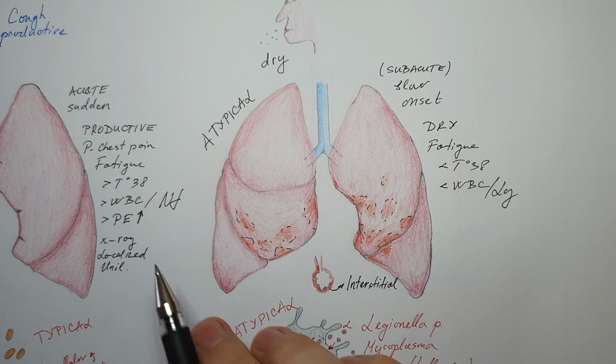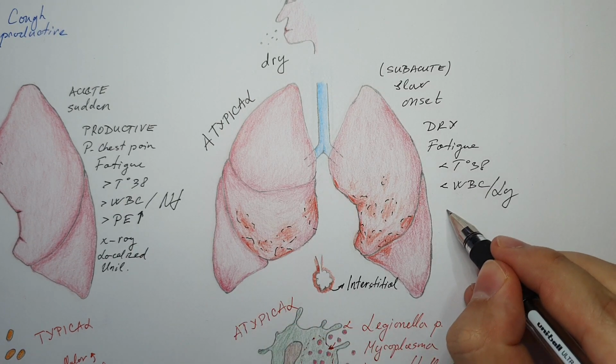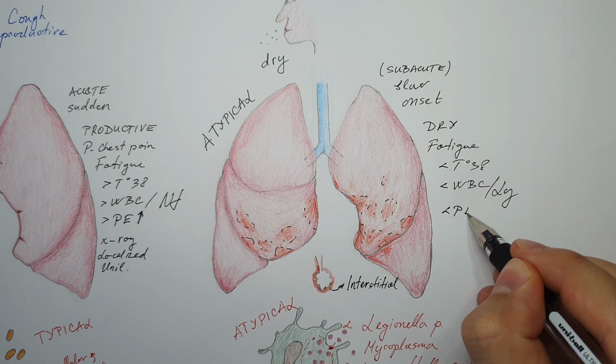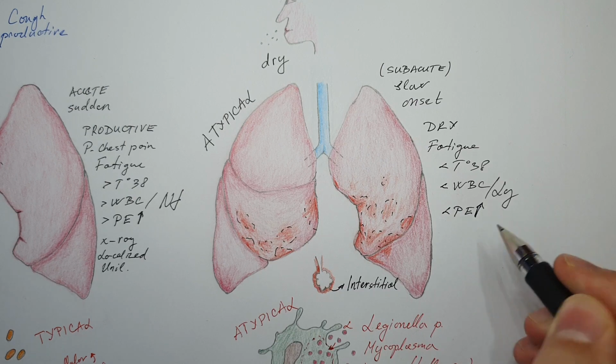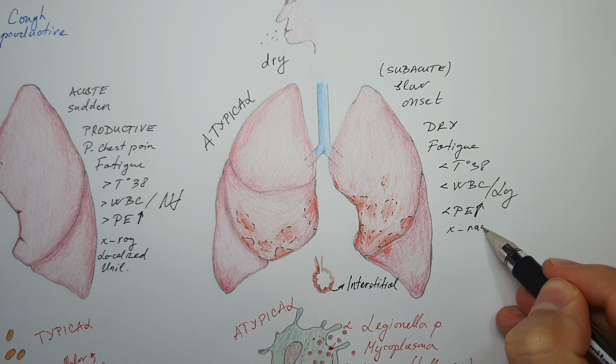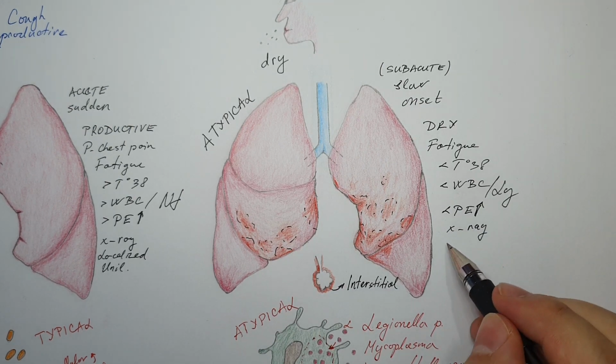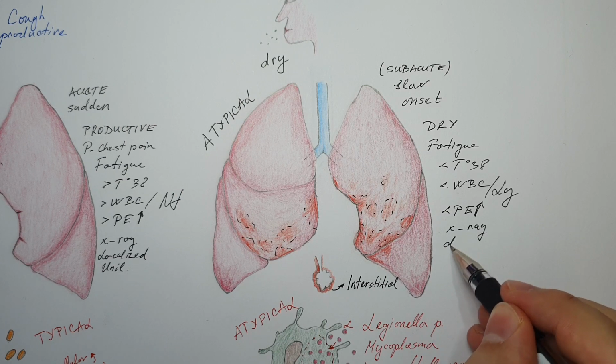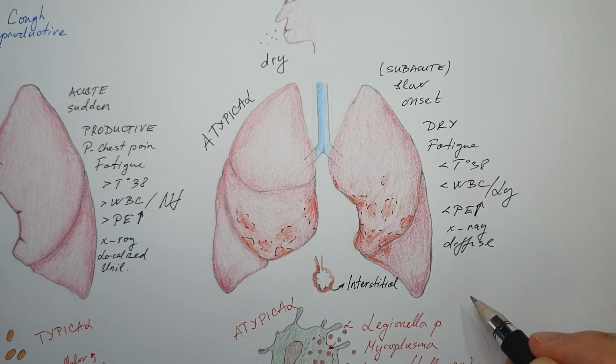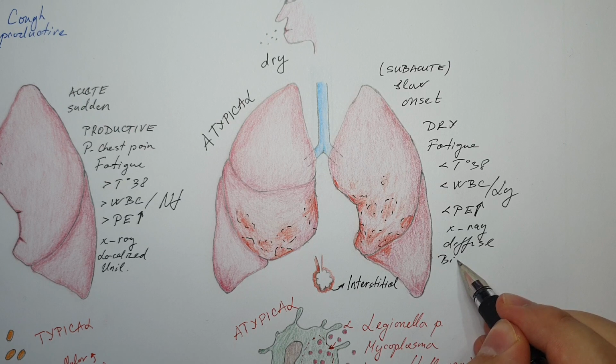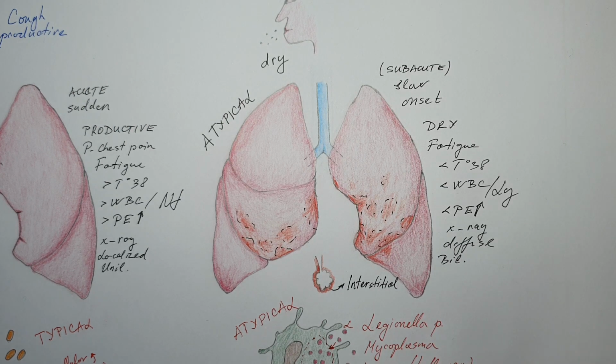And then on physical examination, we will not have many findings. On X-ray, we will see most of the time a diffuse pattern and a pattern that is bilateral.